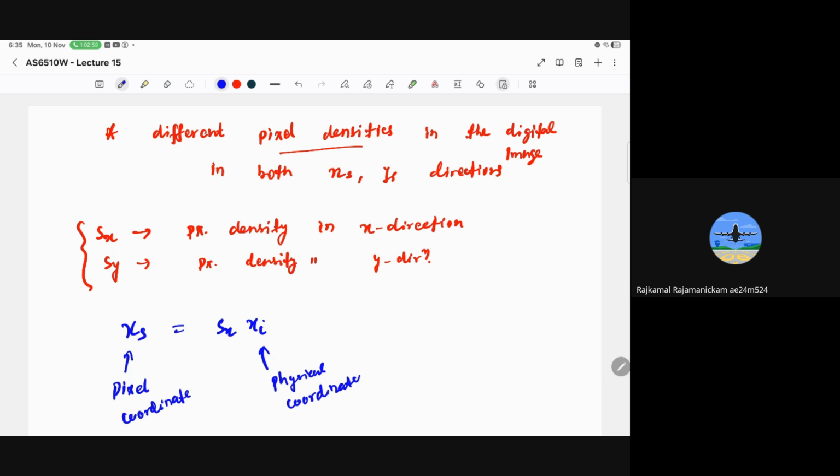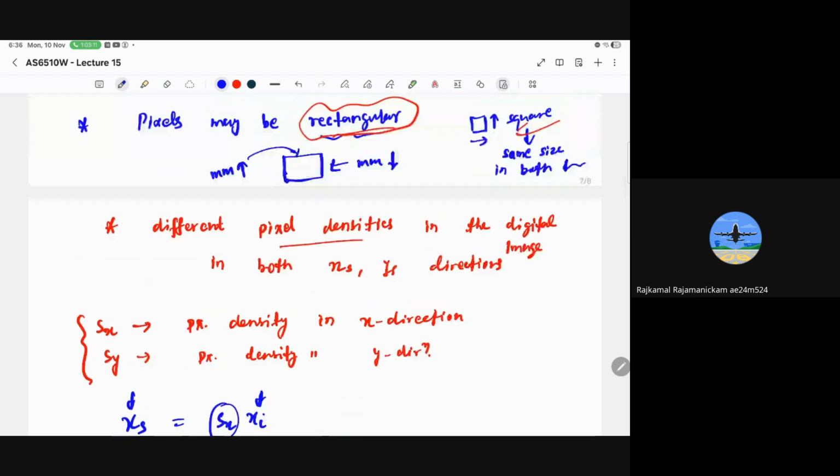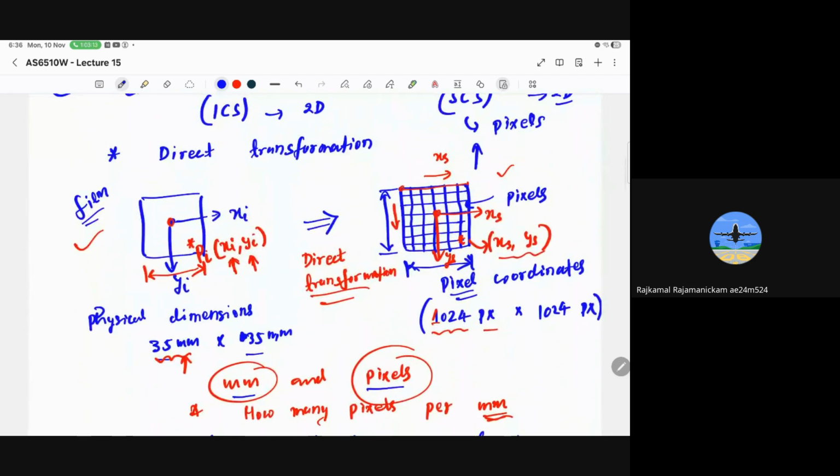With the help of pixel density in the x direction, we are able to relate the pixel coordinate in the x direction to the physical coordinate in the x direction in the image coordinate system.